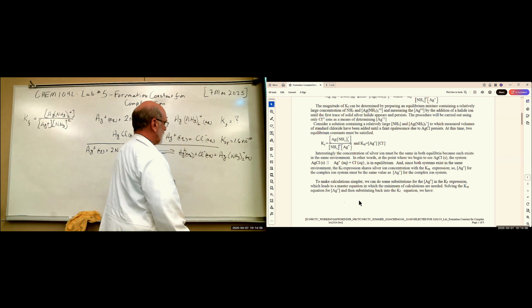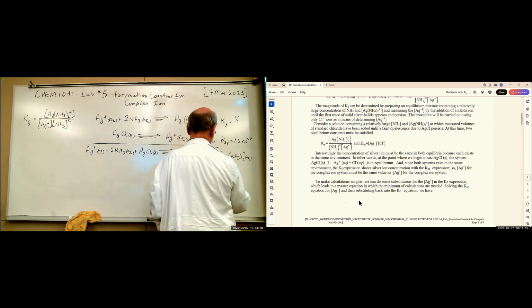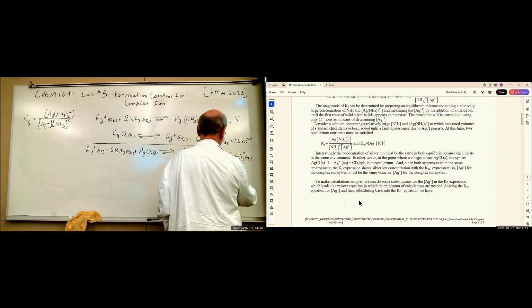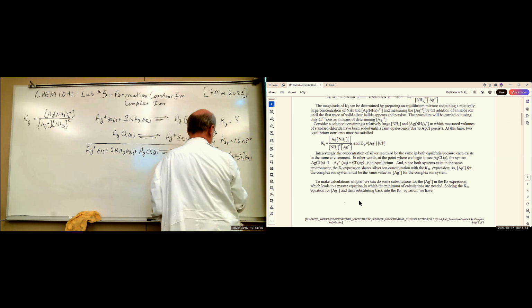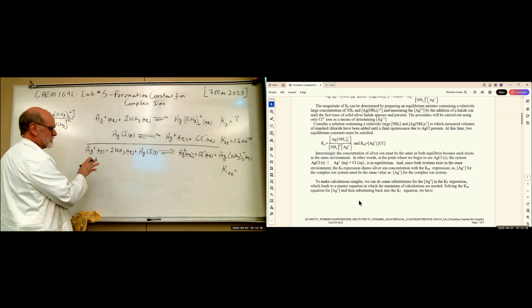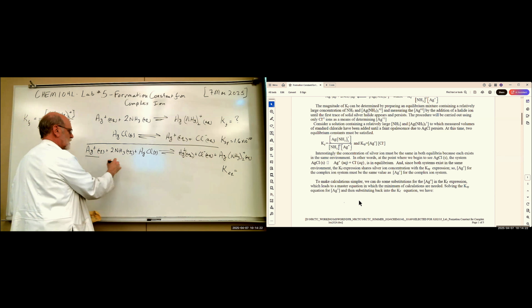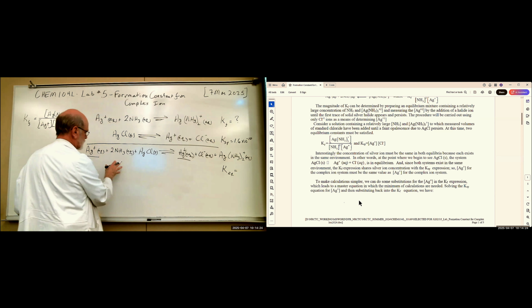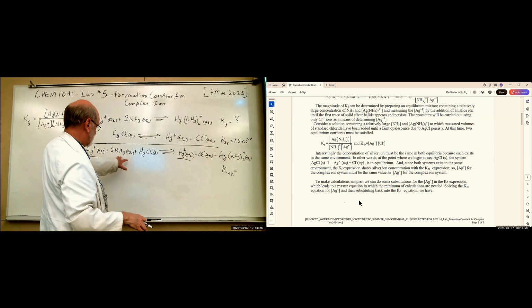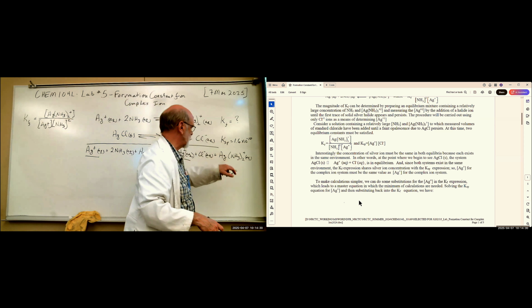Okay. And that's going to be another K value, whatever the KEQ is. And it's going to be this one times that one. But notice we have cancel terms, right? We can cancel this one with this one. And that gives us this one in the numerator and these two in the denominator.